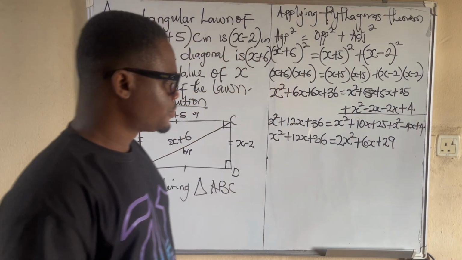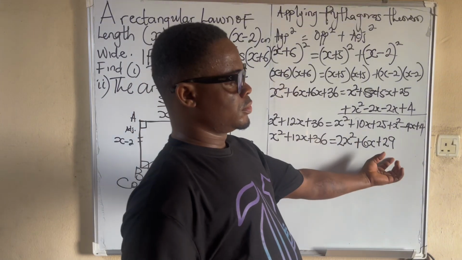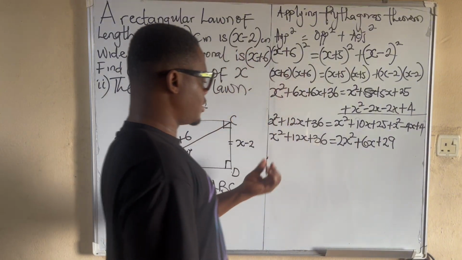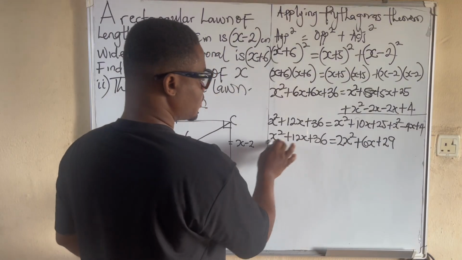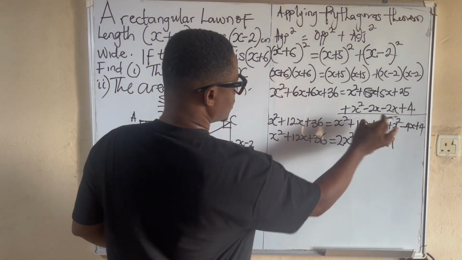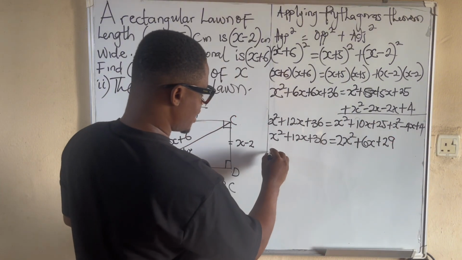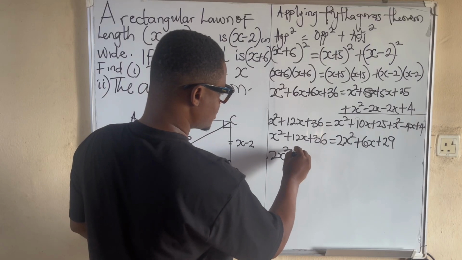We are not done. So we can either take these ones to this other side or bring these ones over here so that we can add the ones that look alike, like terms rather. So let's take these ones over to the other side. We have 2x squared.